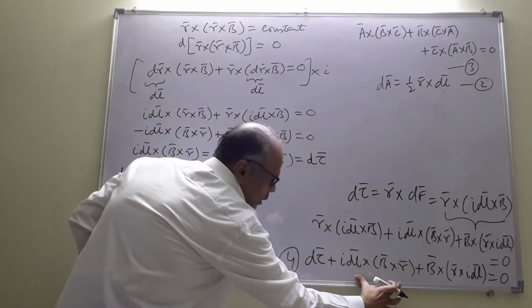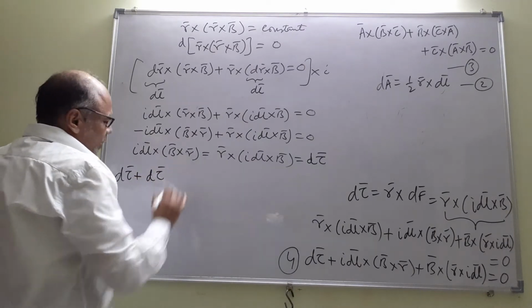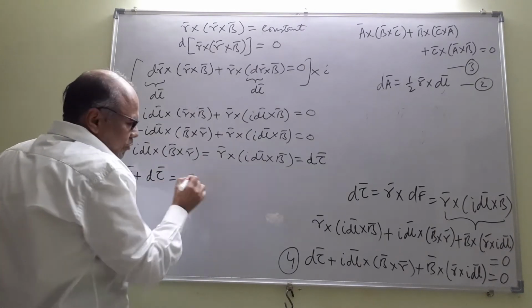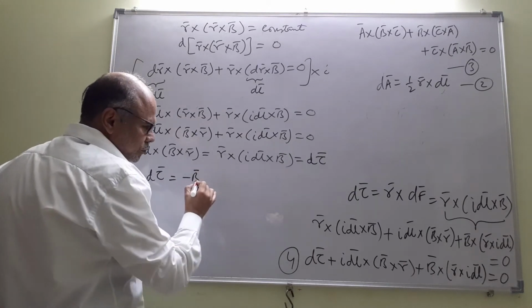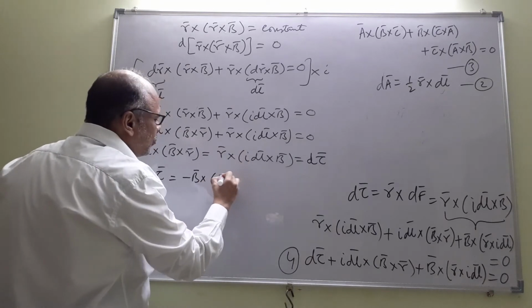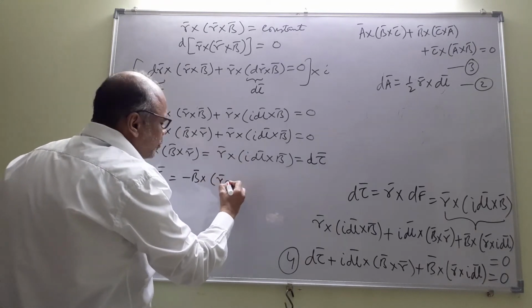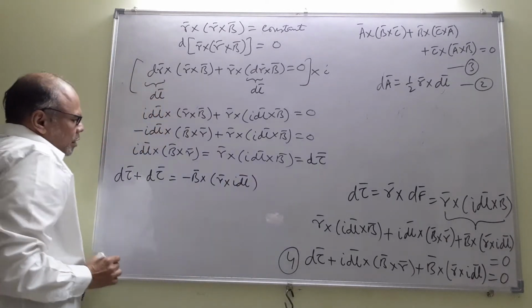So the second term also becomes dτ. So you have got dτ plus dτ is equal to, transferring to the other side, minus B cross R cross I dL. Yes?